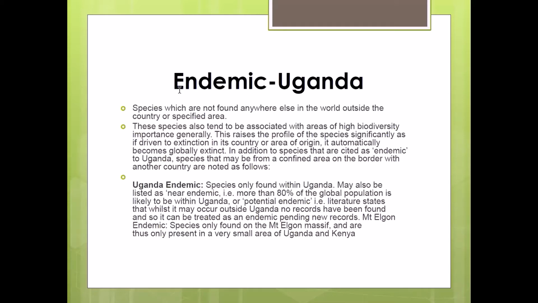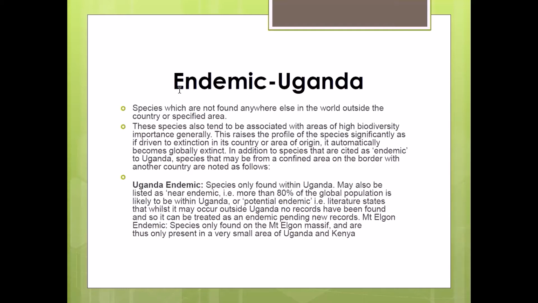In addition to species that are cited as endemic to Uganda, there are species that may be from a confined area on the border with another country like Kenya. The Uganda endemic species are only found within Uganda, or may also be listed as near endemic, i.e. more than 80% of the global population is likely to be within Uganda.